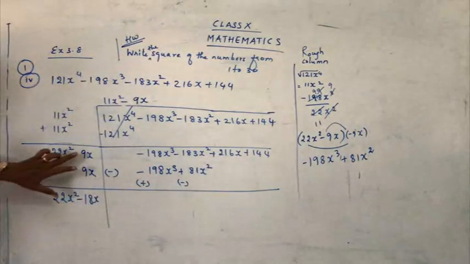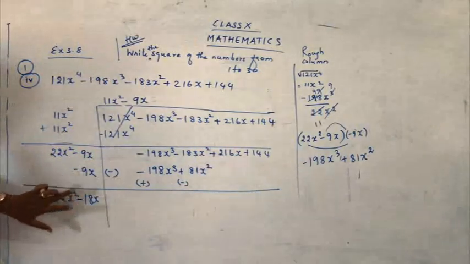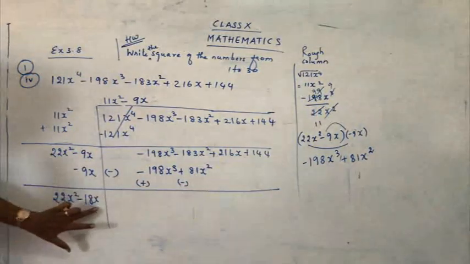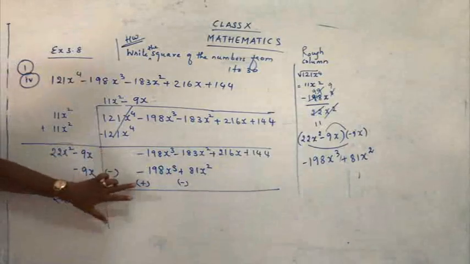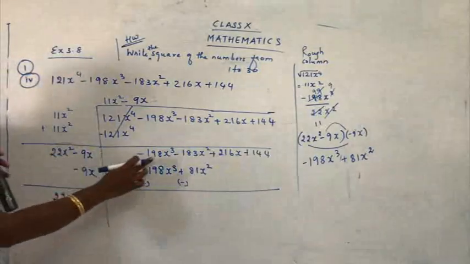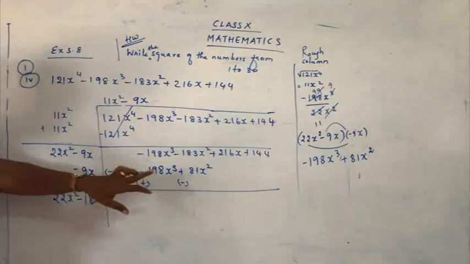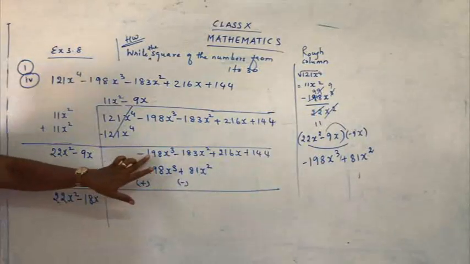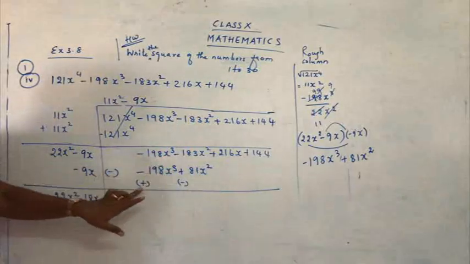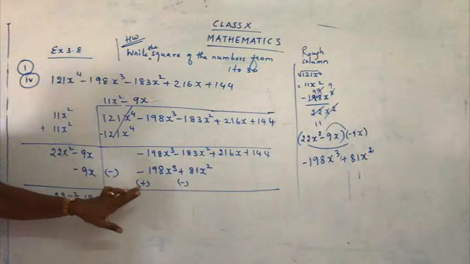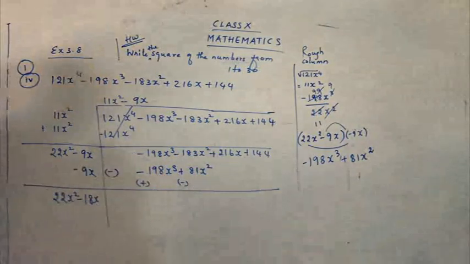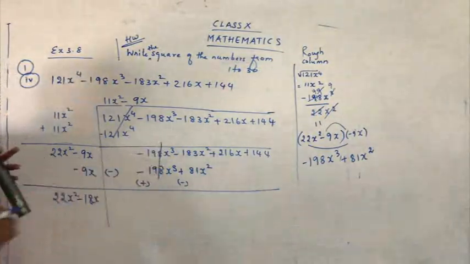Minus and plus get cancelled. We have the same number and same coefficient, the variables, but the signs are different. Minus 198x cube plus, we should not take this sign, we have to take the new sign. Okay, so what is the new sign here? Plus 198x cube. So cancel the terms.